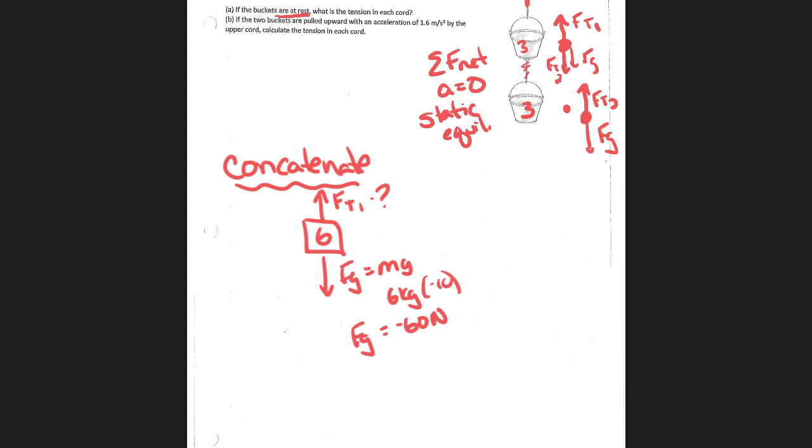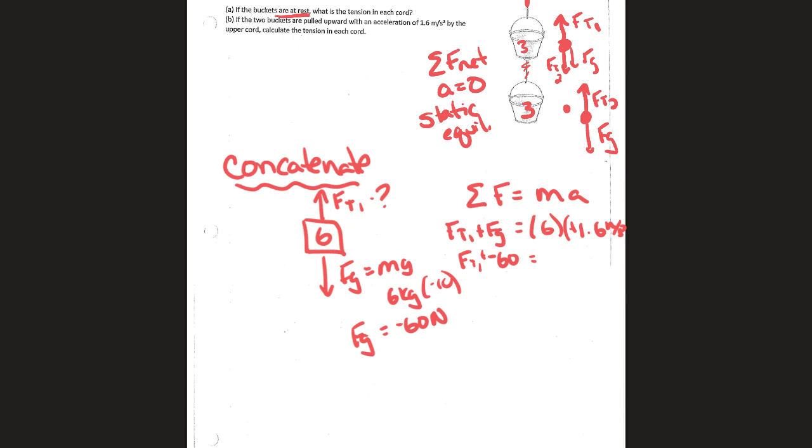It's kind of nice. You say, I know the acceleration, and Newton's second law says that if you know the acceleration is 1.6 meters per second squared, positive, and the mass is 6, and the sum of the forces is FT1 plus FG, -60, right? FT1, what's 6 times 1.6? A little over 7.